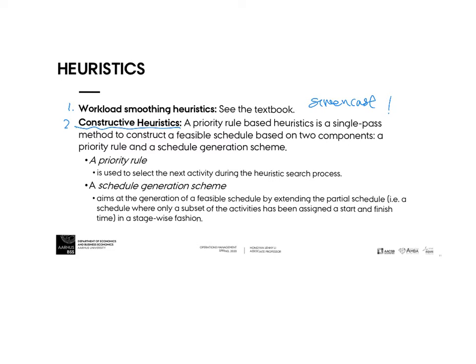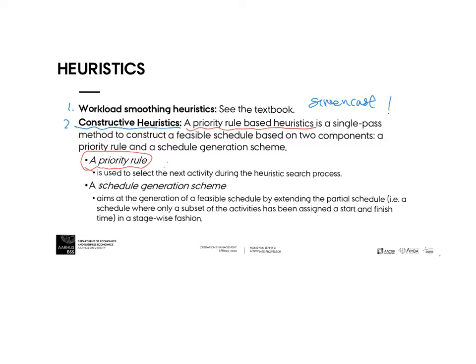This is a priority rule based heuristic. The idea is we choose the activities to schedule at a higher priority if the duration is short. Of course, this priority rule is not fixed.